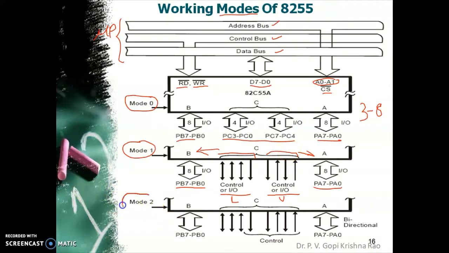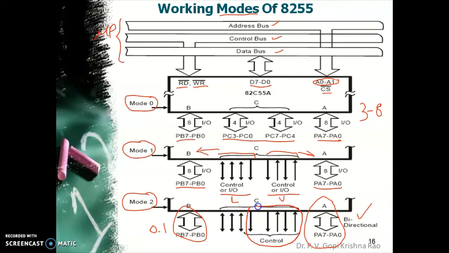In mode 2 of operation, port A can be used as a bidirectional port, whereas port B either can be used in mode 0 or mode 1 of operation. For port A to be used as a bidirectional port in mode 2, 5 control lines are required.